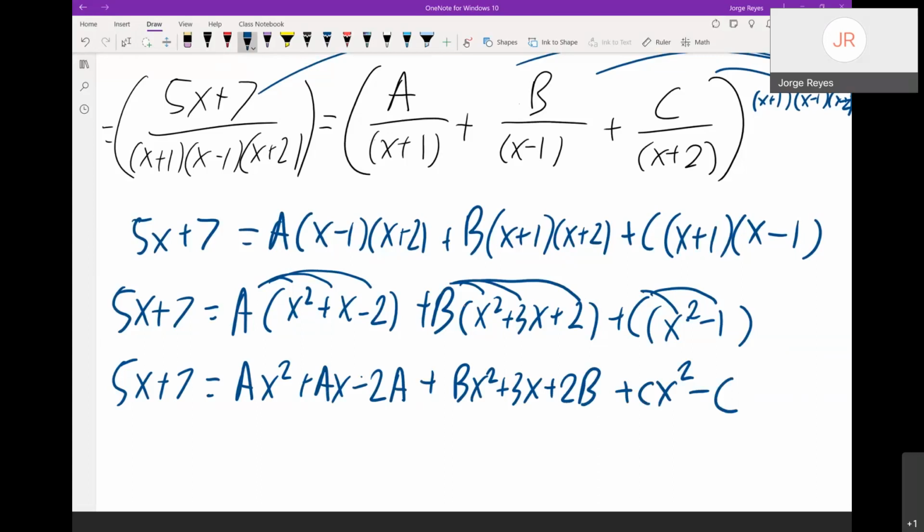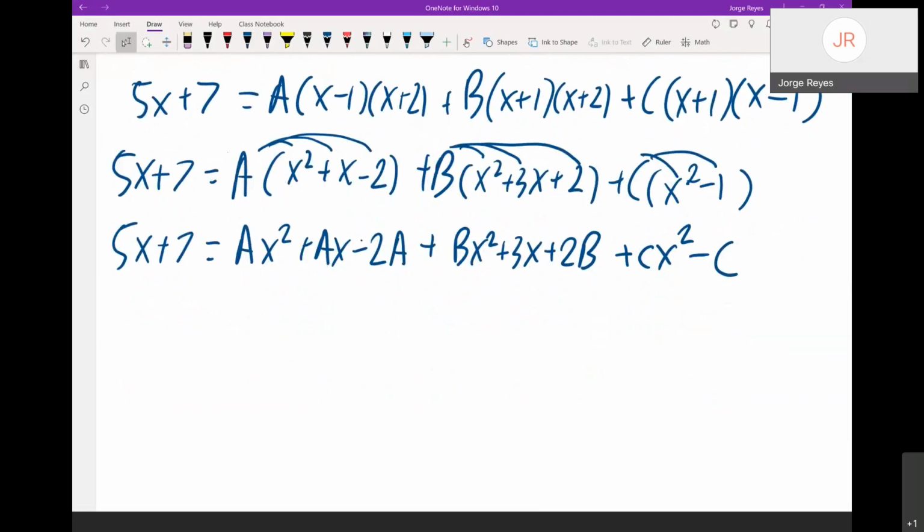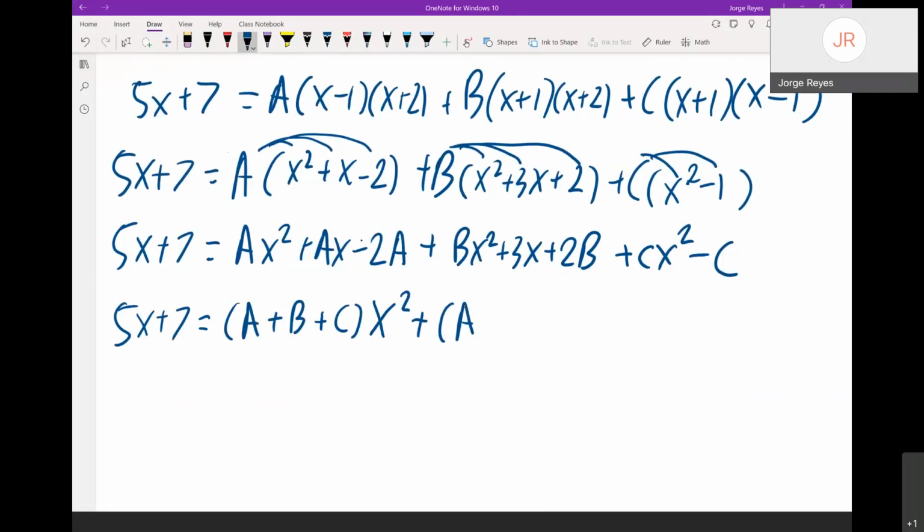And what you do now is group them by term. You get all of the x squareds together, all of the x's, and all of the constants. So I'm going to rewrite this as A plus B plus C times x squared, plus, just kidding, 2B, wait, no, 3.